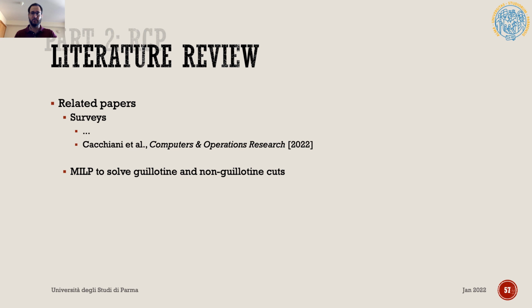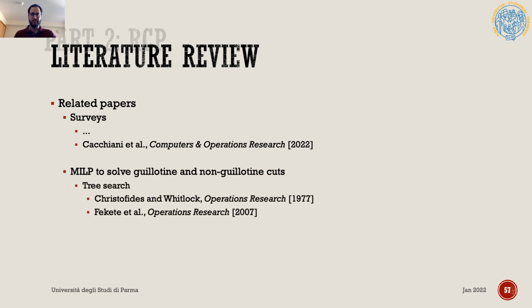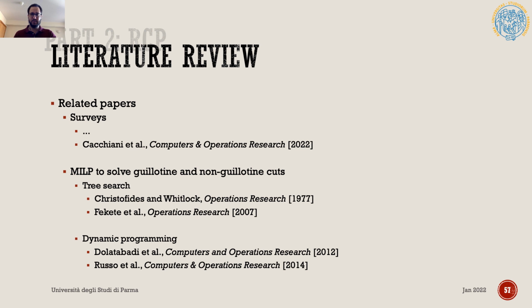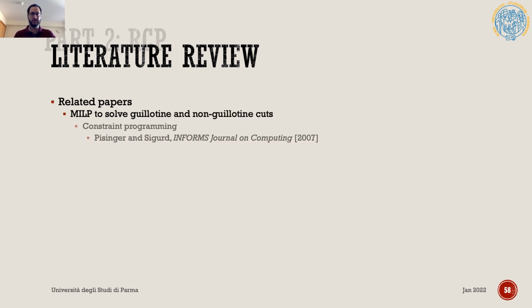When it comes to models to solve this problem, the research method was first proposed by Christofides and Whitlock to solve guillotine cuts. Related to non-guillotine cuts, refer to FICAT. Dynamic programming is an efficient procedure to reduce the search space and avoid redundant solutions. Constraint programming was used for both the guillotine and non-guillotine cuts.